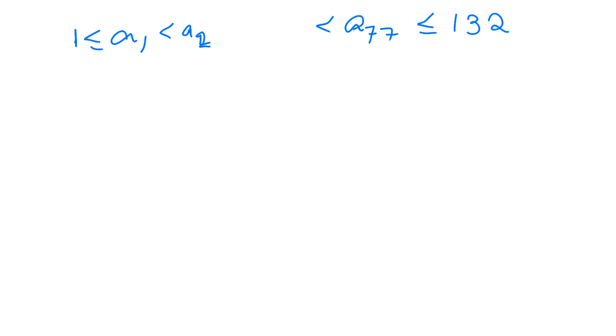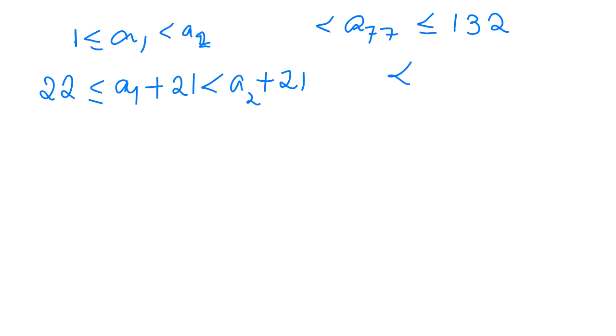That is what I want to prove. So I will add 21 on both sides. So 1 plus 21 is 22, and 132 plus 21 is 153. Am I correct?